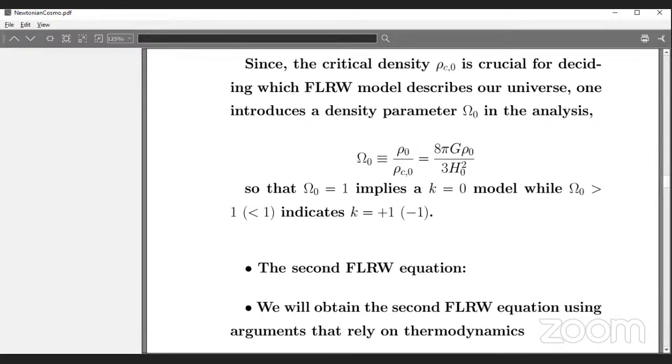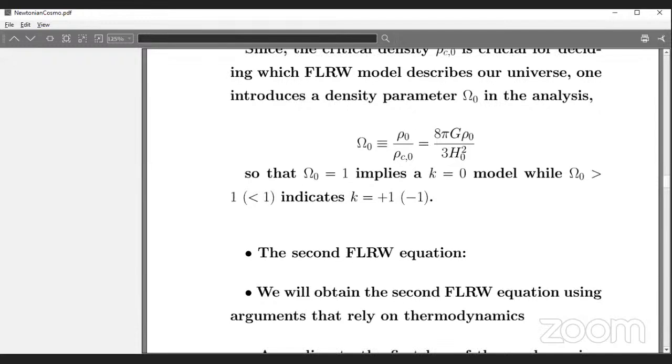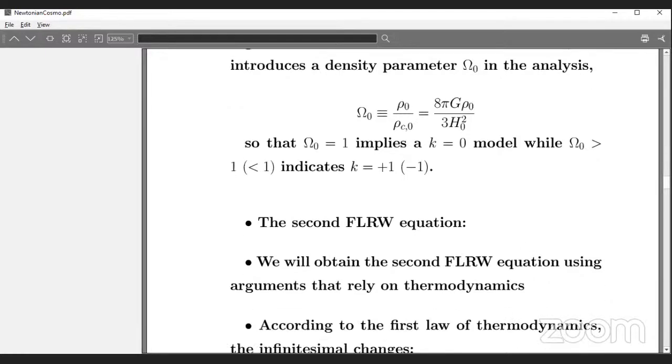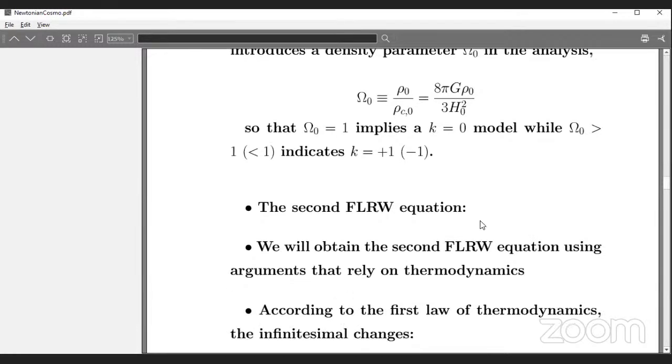Now we will come to the second FLRW equation. Of course, when one does general relativistic cosmology, the first and the second FLRW equations directly follow from the Einstein equation. But since we are using a Newtonian description, we will use a different way of obtaining the second FLRW equation.